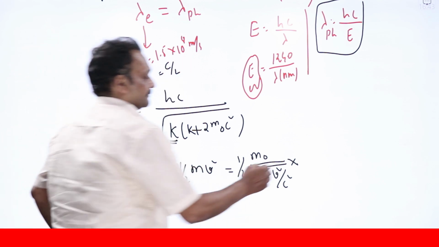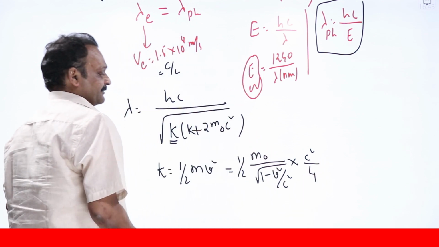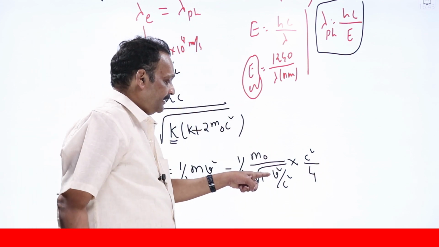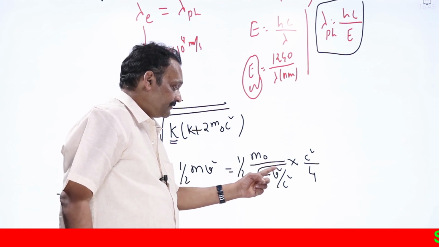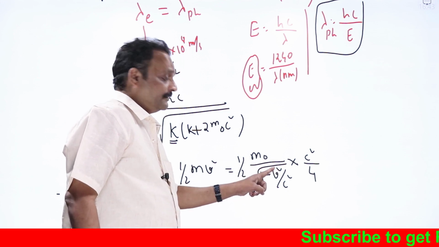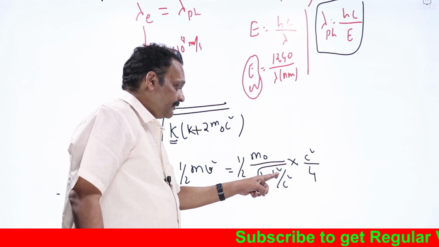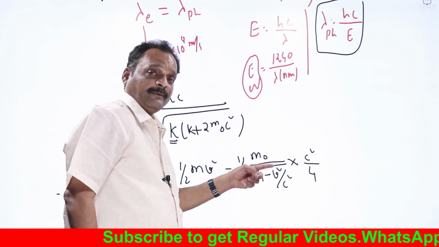So c by 2 whole square is c square by 4. Now what is v here? V is also c by 2 only, that is c square by 4. C square gets cancelled. 1 minus 1 by 4 under root: 1 minus 1 by 4 is 3 by 4, and under root that is root 3 by 2.